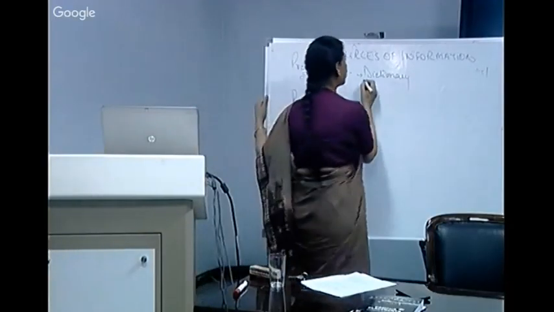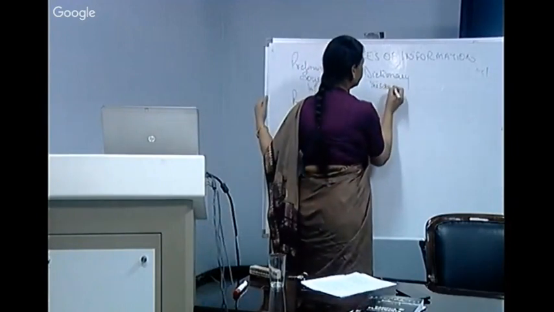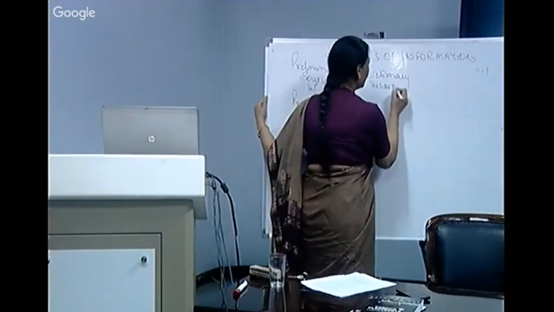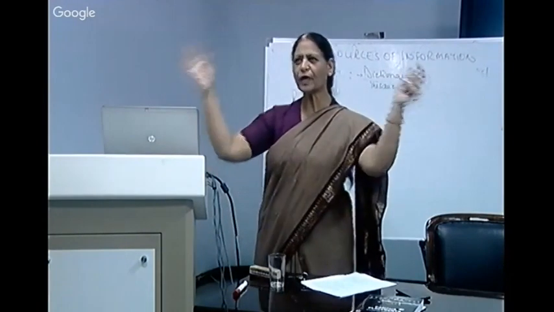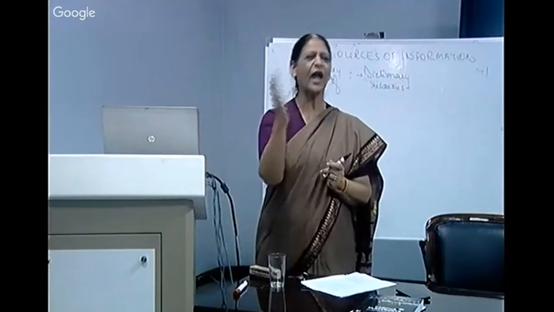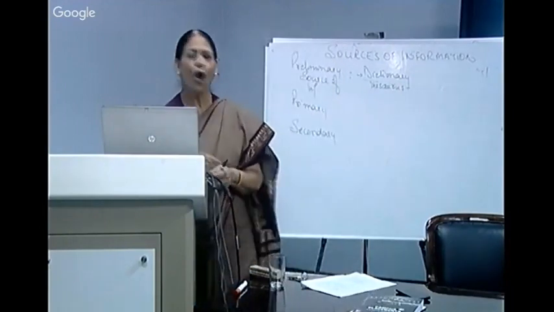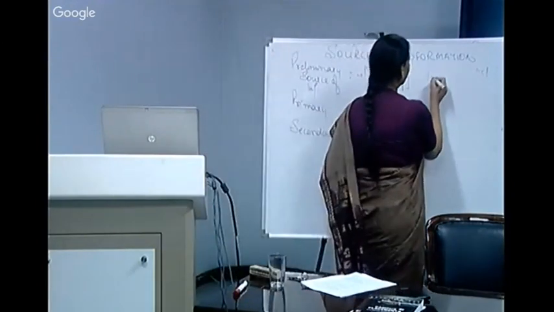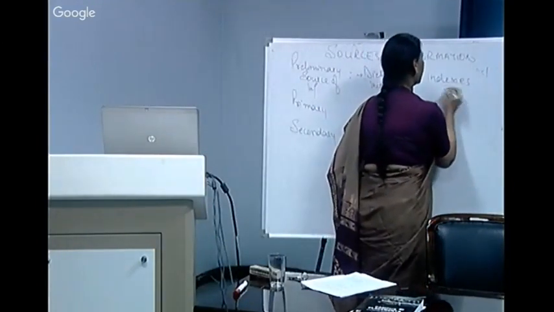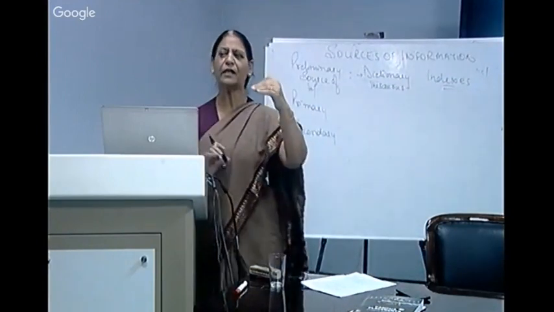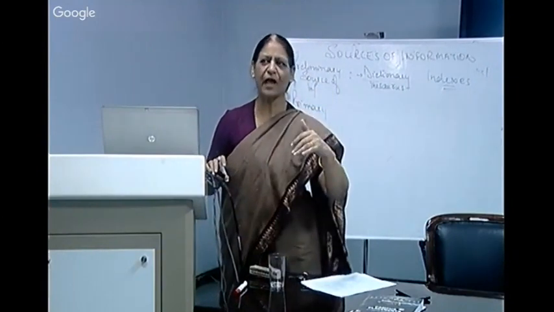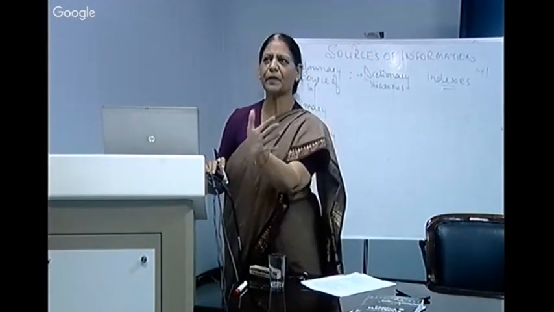Likewise, when we say thesaurus, it only gives you the synonyms of a particular word, where you can broaden your search by putting OR, or narrow down your search when you use the word AND. Or when we talk about the indexes, they are referred to as the preliminary source, which only enlist the research which has been carried out and where it has been published.